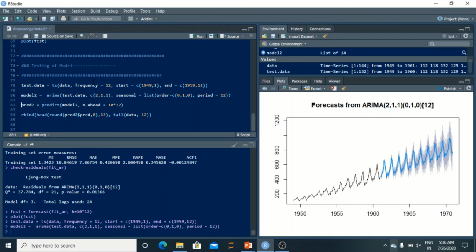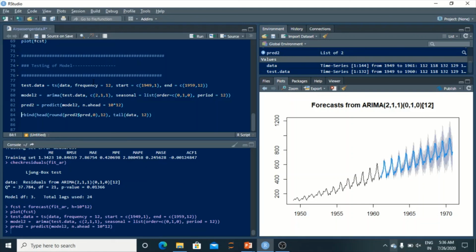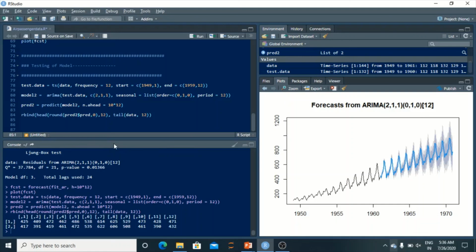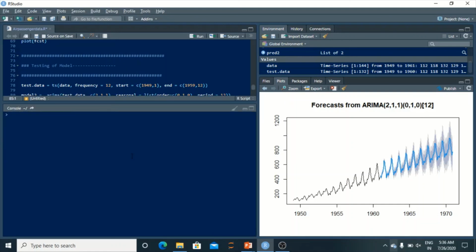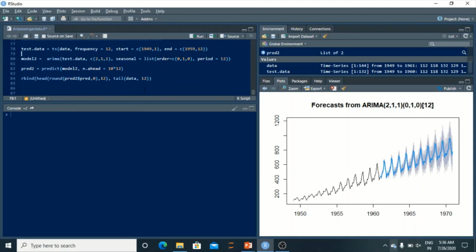And predict again using the model fitted on this test data. Now I am going to see how much variation there is between the actual values and the fitted values. Let me clear this and run again so we can easily observe.